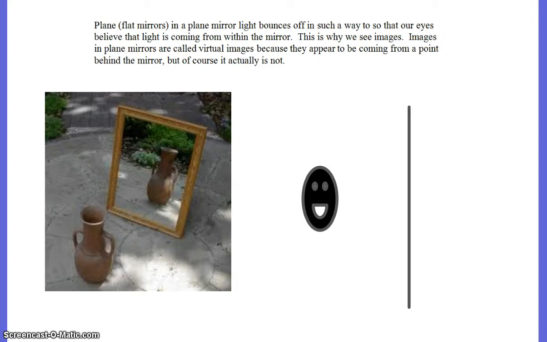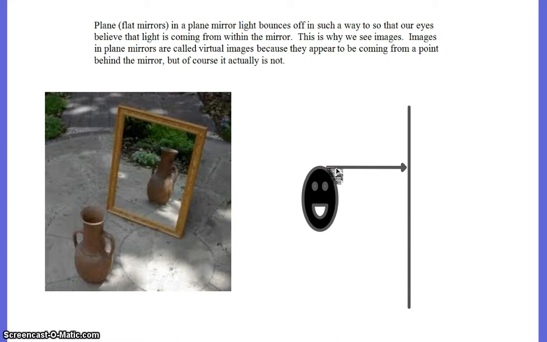The way you locate an image with a ray diagram is you pick two rays of light, any two rays of light you want. Now with the other shaped mirrors, we'll see that it actually matters, it makes it easier if you choose a certain two rays of light, but for a plane mirror it doesn't really matter.